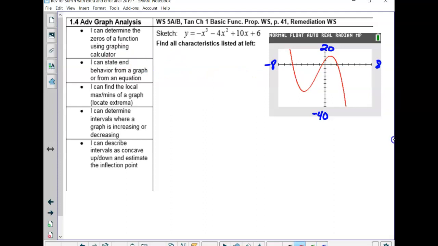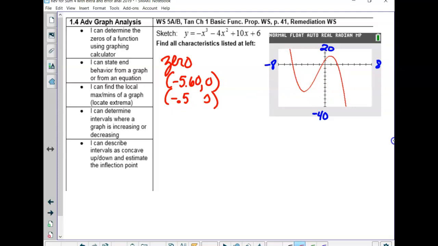All right. Who has the zeros for me? Anybody? Go ahead, Grace. Yep, you're good. Wasn't this one -4.59? 5.1?